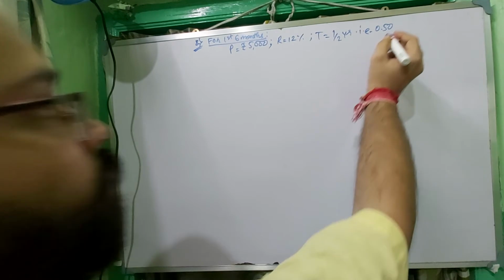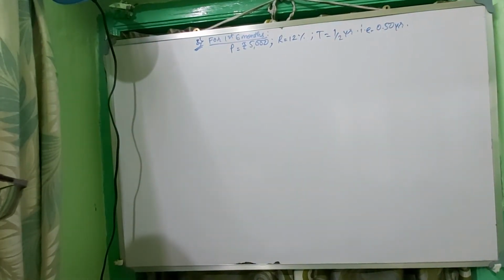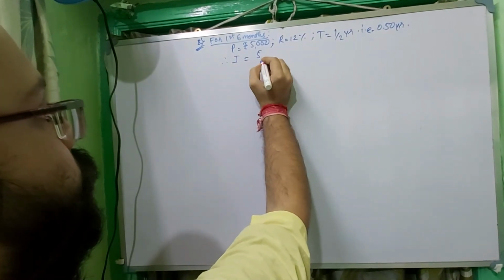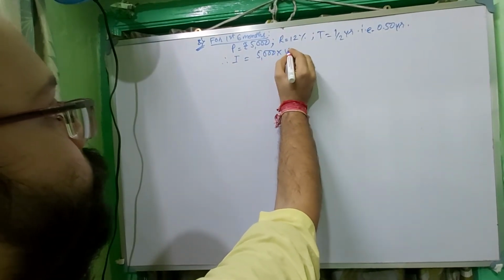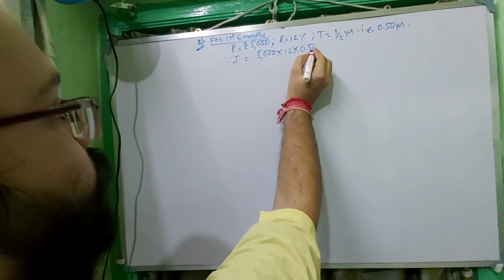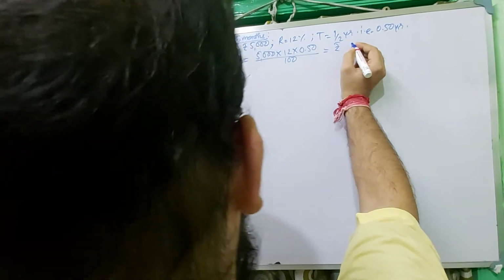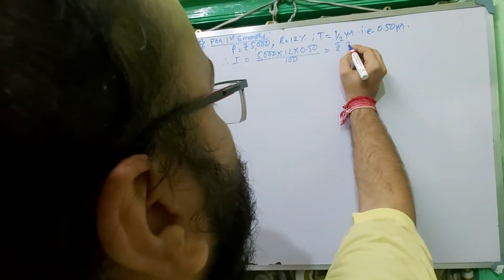Therefore, interest is equal to 5,000 into 12 into 0.5 divided by 100, which is rupees 300.